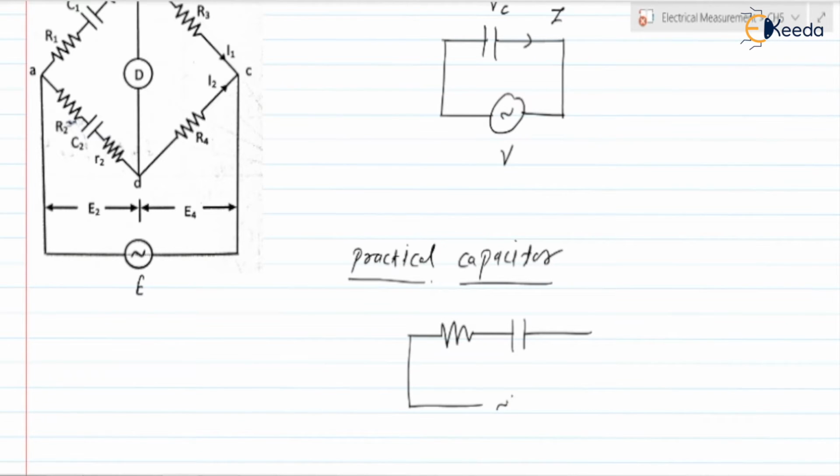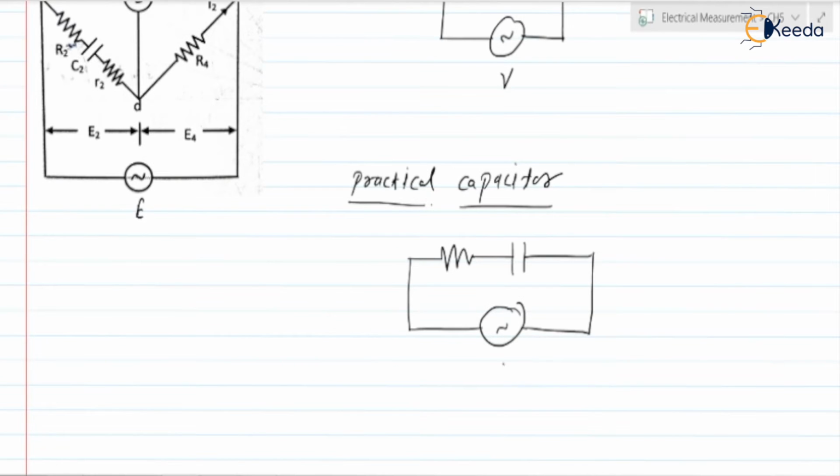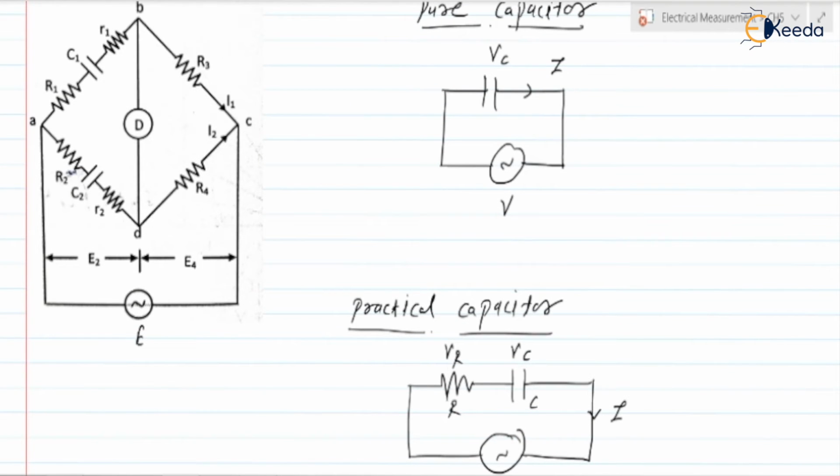And here we have the supply. Let us consider this as V. This voltage is Vc, this voltage is Vr. Suppose this is R, this is C, and here we have the current I.